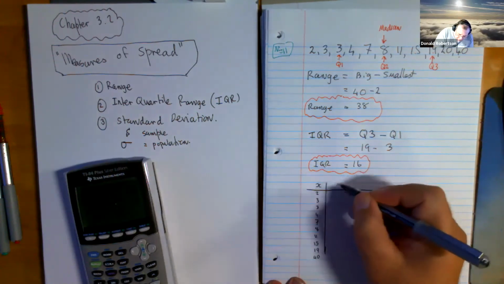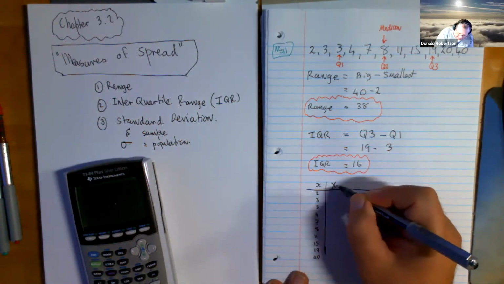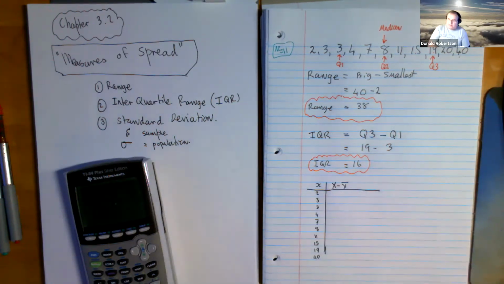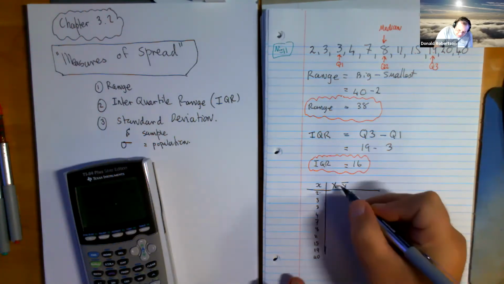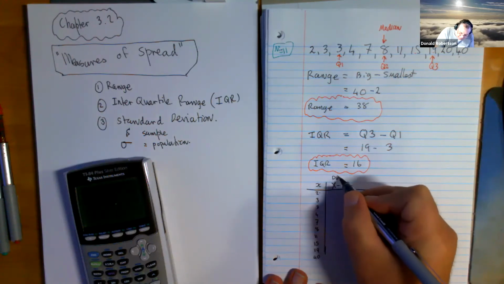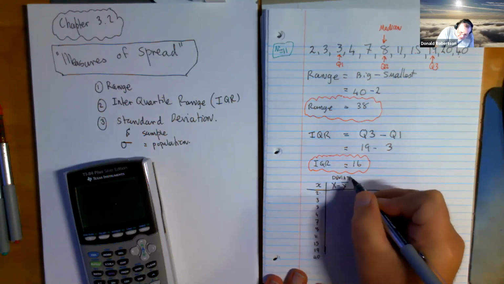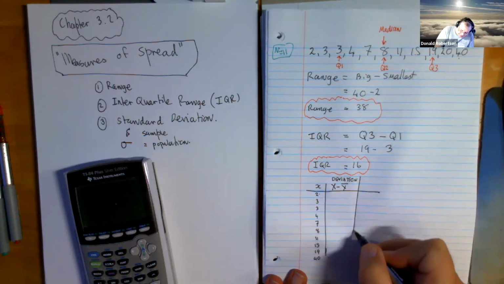So this second guy, you calculate what this number is if you take away the mean from it. In a lot of textbooks, this is called the deviation, or its full title is deviation from the mean.